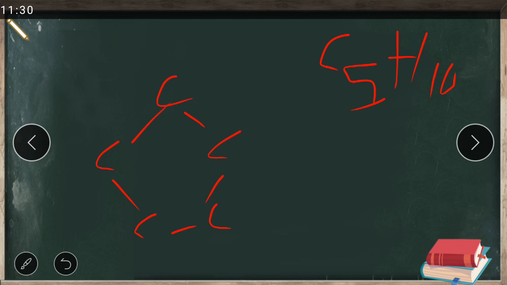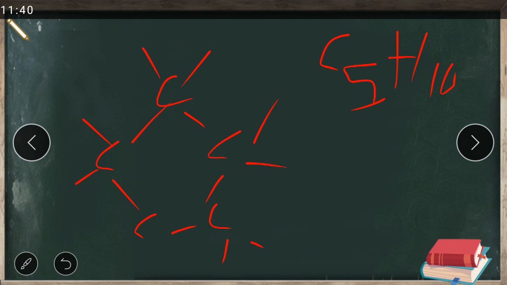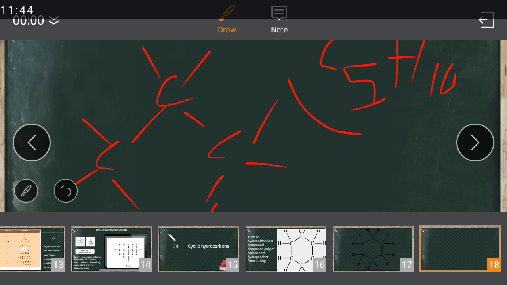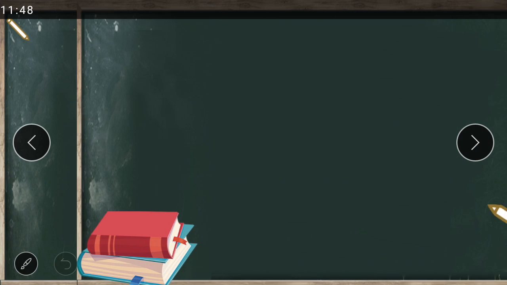These are the 5 carbons, and these are the remaining valencies, which can be satisfied by the 10 hydrogen given in the formula of cyclopentane. Okay, thank you.